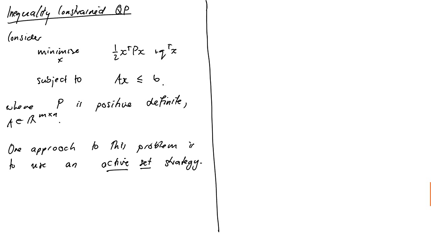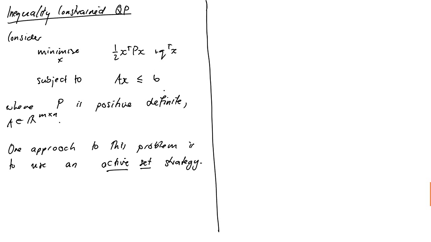In which case these constraints will be satisfied automatically, and none of them would actually play any part in minimizing this at all. So it could be that none of these constraints are actually active at our optimum, or it could be that a number of them are.